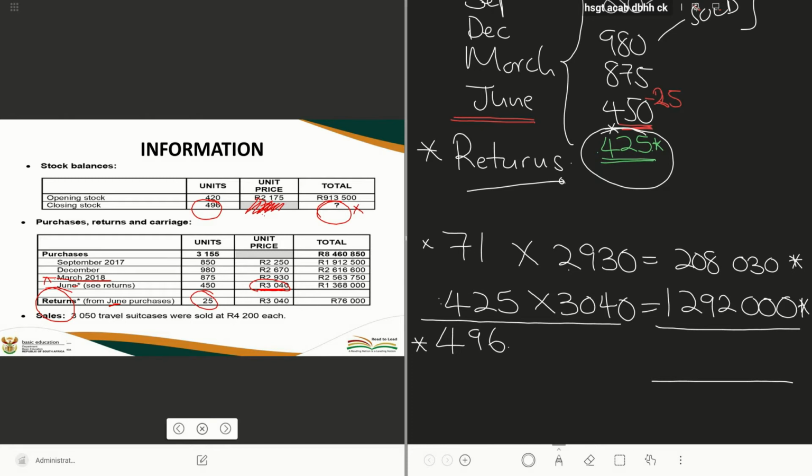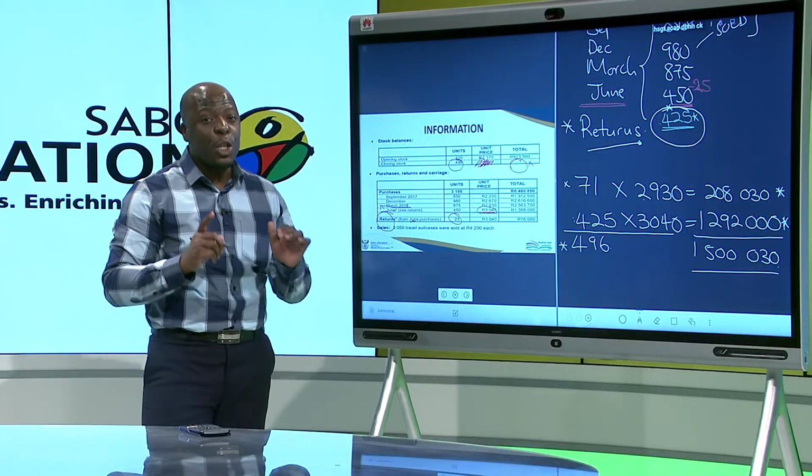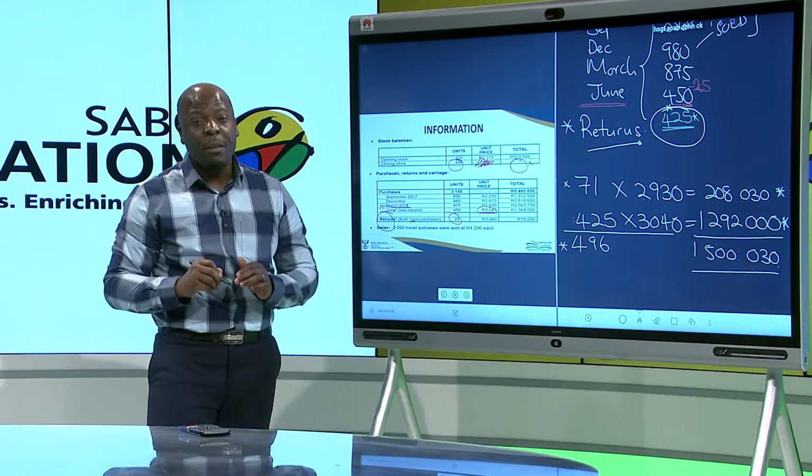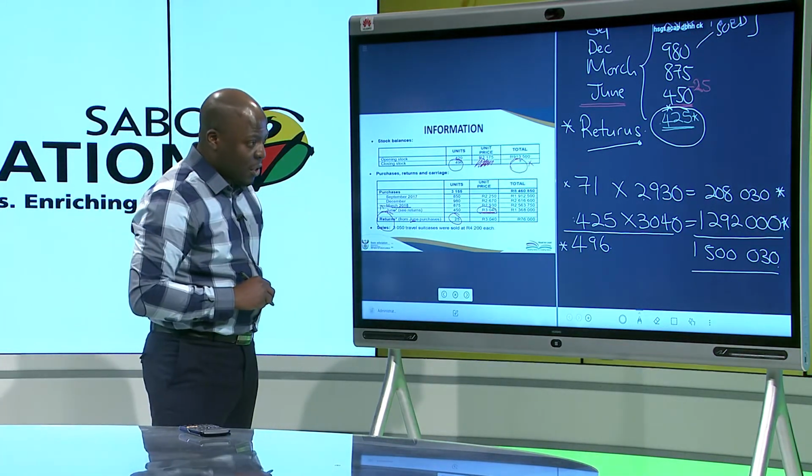And once you've done that, you will get an amount which is 1,500,030. Boys and girls, once you get to this figure, it means you already have the value of your closing stock.